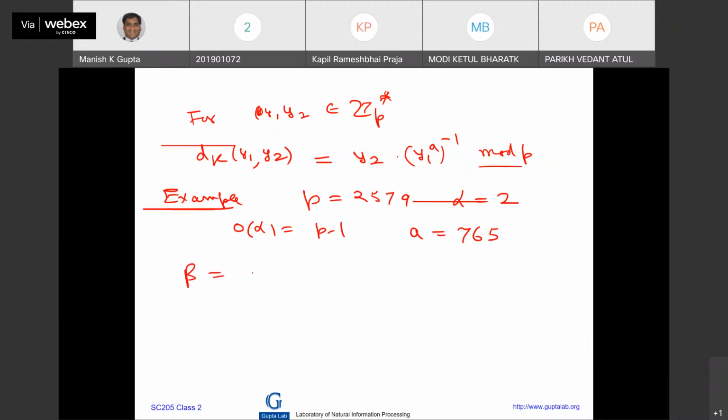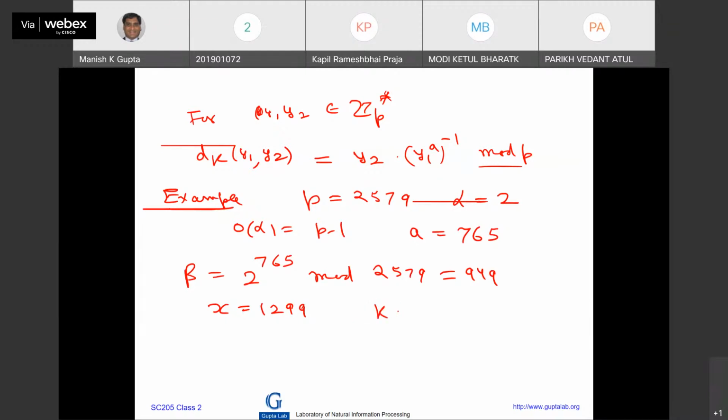So beta is 2 raised to the power 765 mod 2579, which is 949. Now Alice, suppose the plain text x is 1299, a number like this. Alice wants to send this to Bob. What does she do?